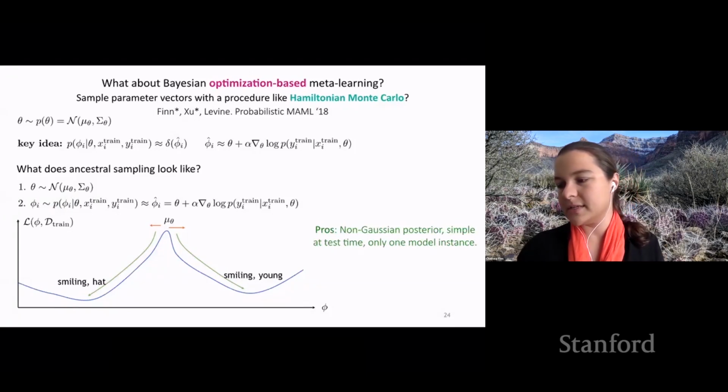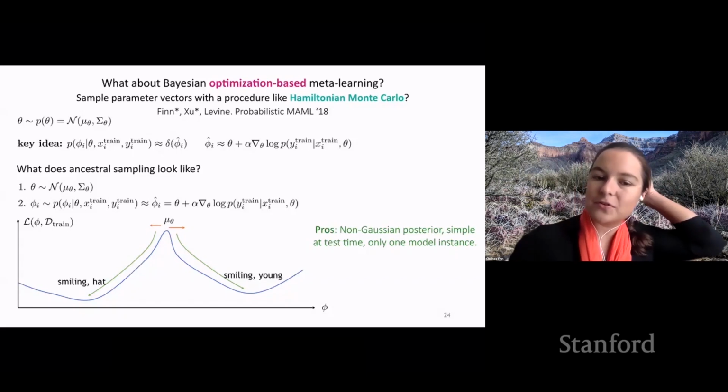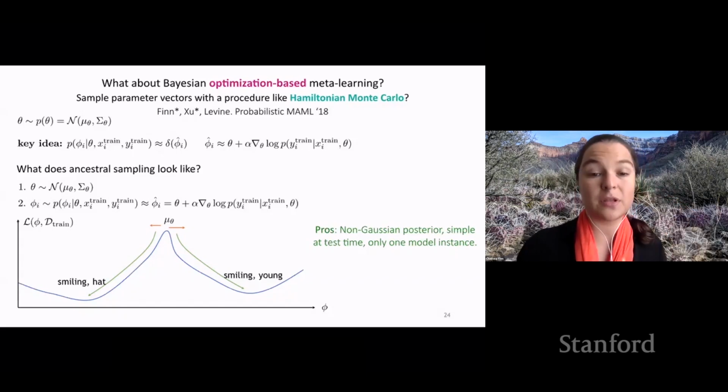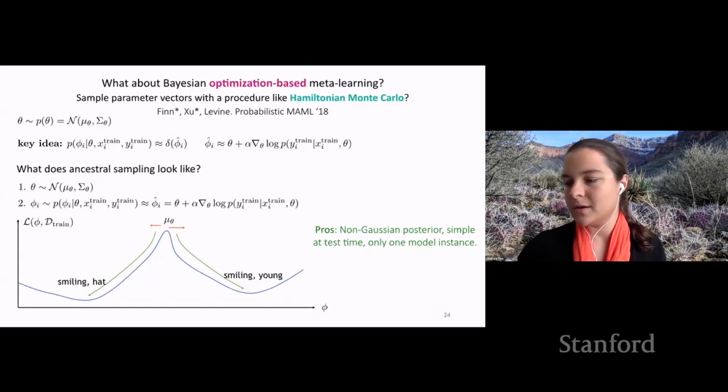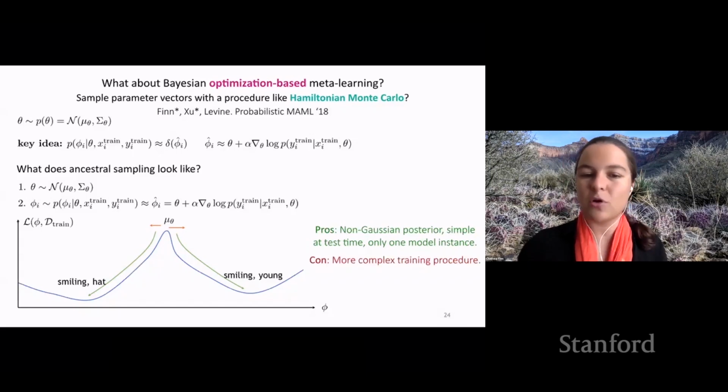It's also pretty simple at test time and doesn't have to be trained with an ensemble, for example. The downside is that it involves a more complex training procedure that I didn't have time to go through in detail.